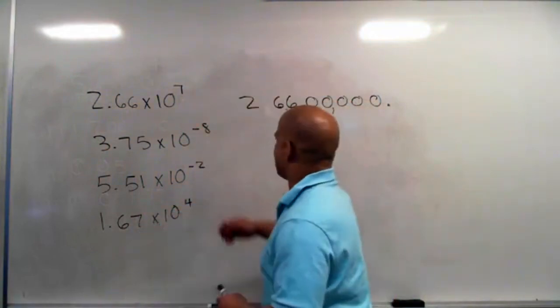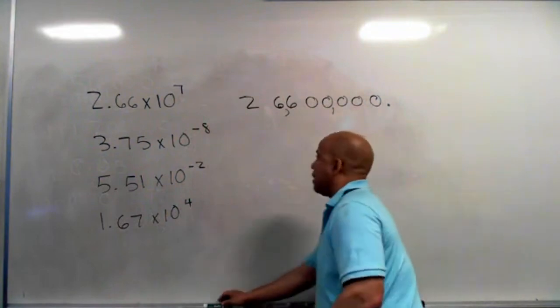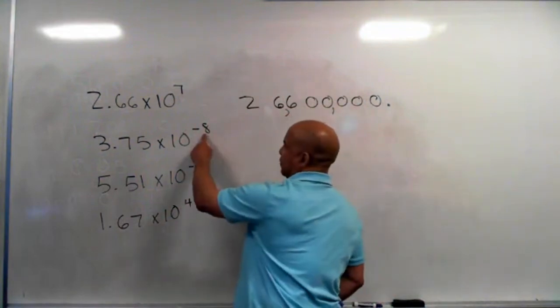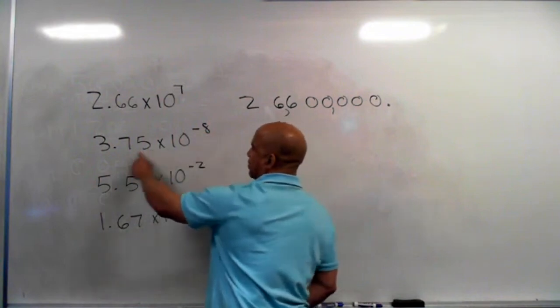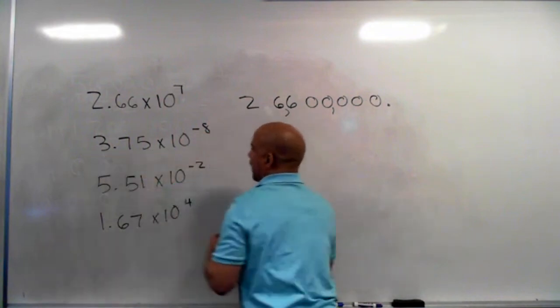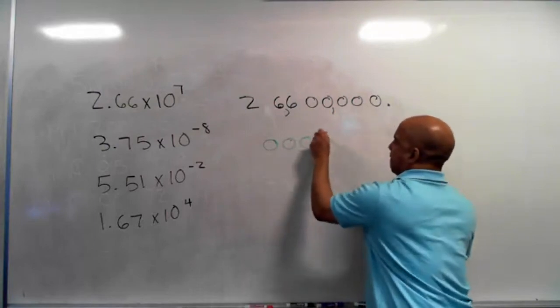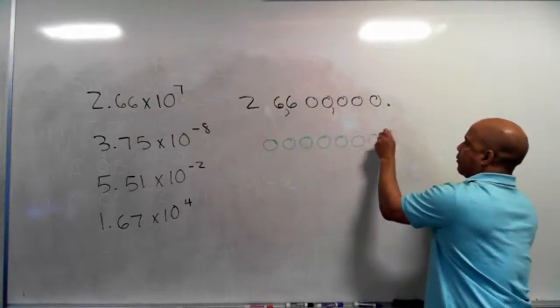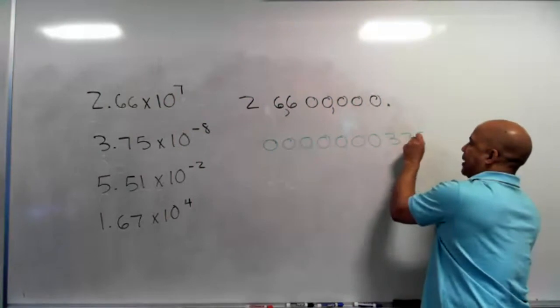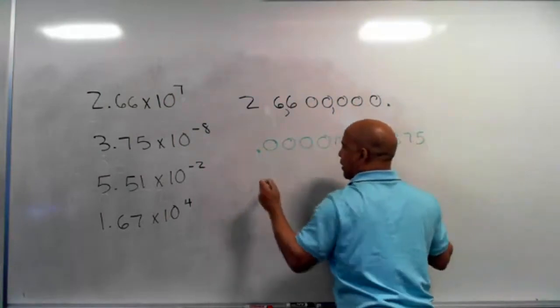So let's go ahead and put the answers up for these. Here I want to move the decimal to the left. I need to move it 8 times. One of the times is taken up by that 3, so I'm going to add 7 zeros, then 375. Now I put my decimal point out here.